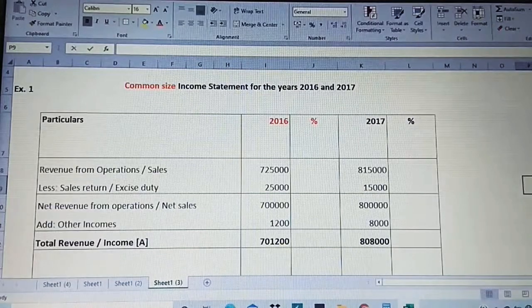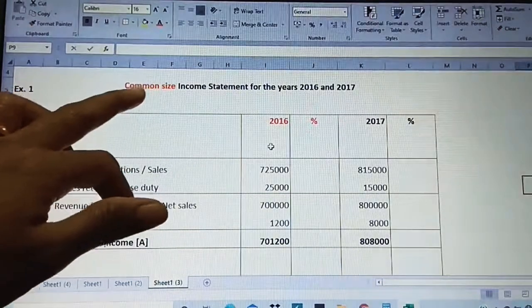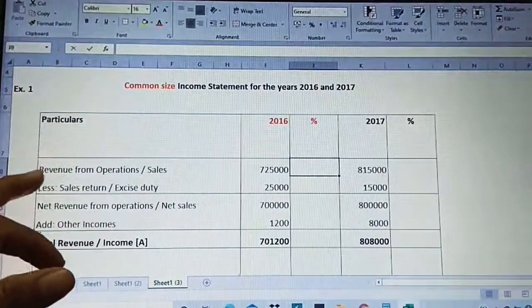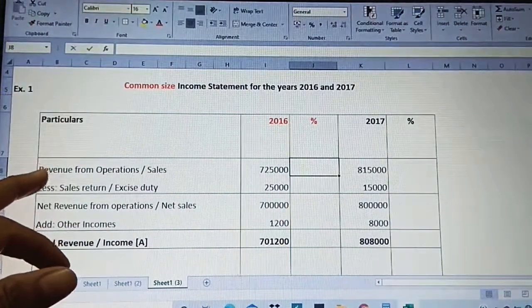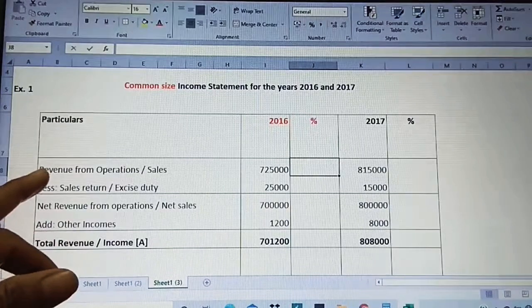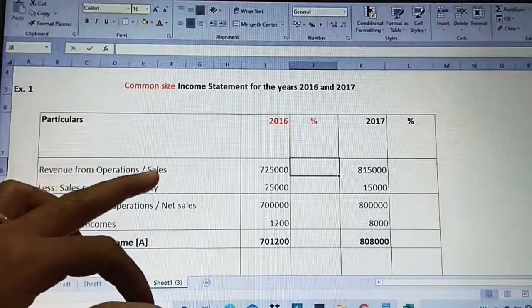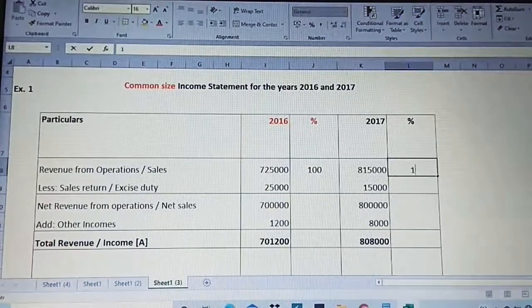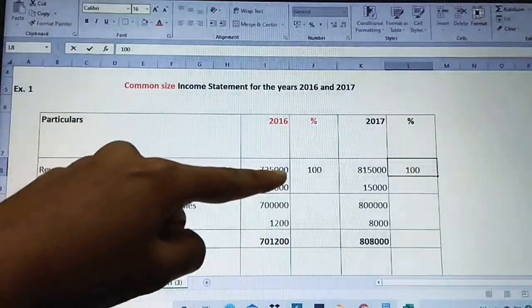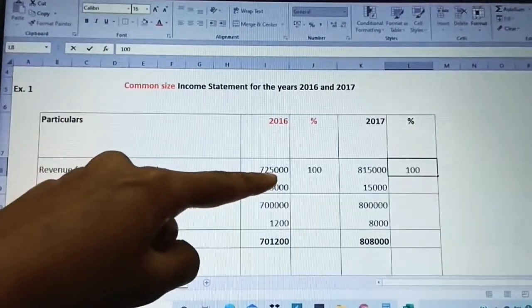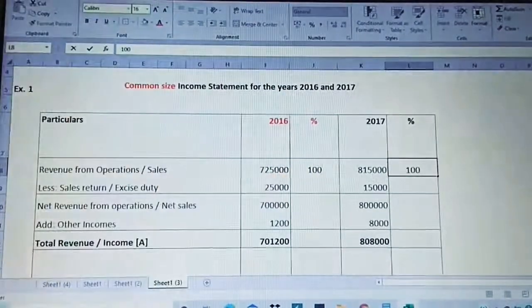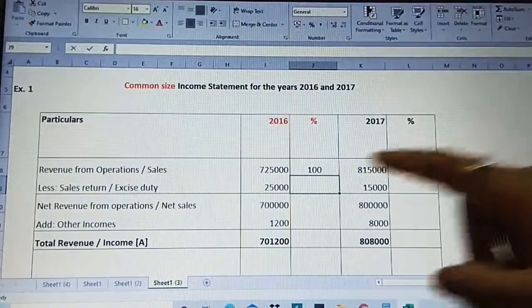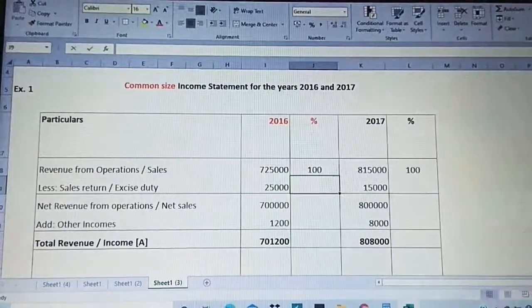Common size income statement. Whenever you see this, treat the first value, which means revenue from operations or sales, the first item, as the base for calculation. So 7,25,000 divided by 7,25,000 will give you 100%. You need not calculate it, just treat it as a base and write 100.